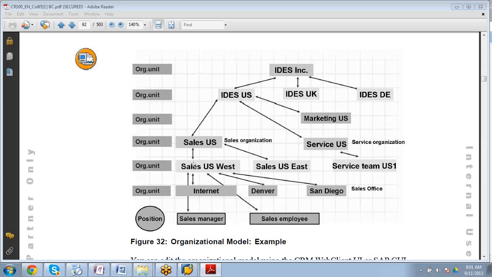Number five, subdivision level. Number six, territory level. Number seven, process level.